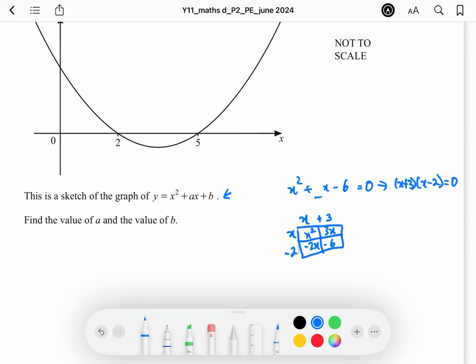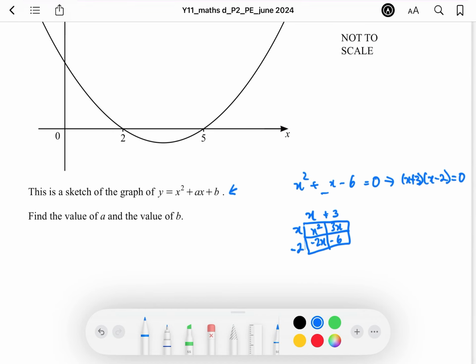When you solve it, remember we solved it just now, divide both sides by x minus 2, so you get x plus 3 is equal to 0, or you divide both sides by x plus 3, you get x minus 2 is equal to 0. So x equals minus 3, x equals 2. That means the x values are minus 3 and 2 when this graph touches 0.